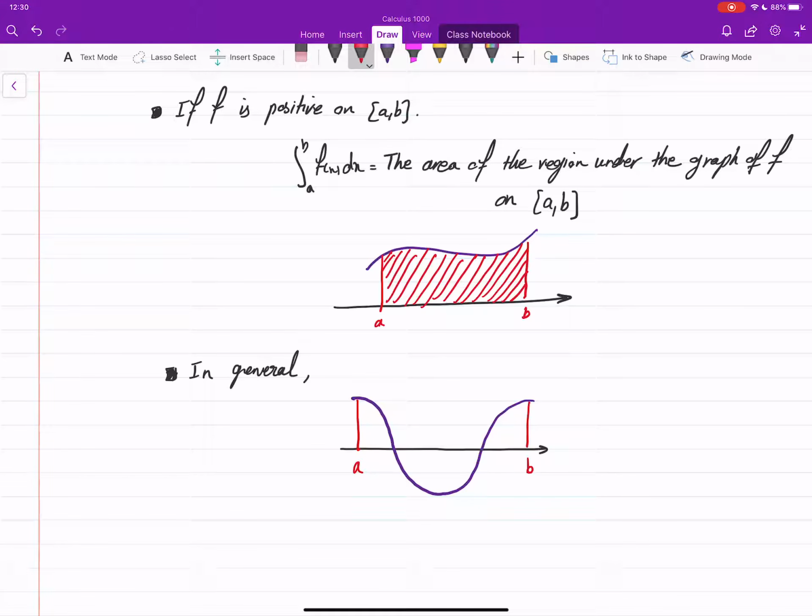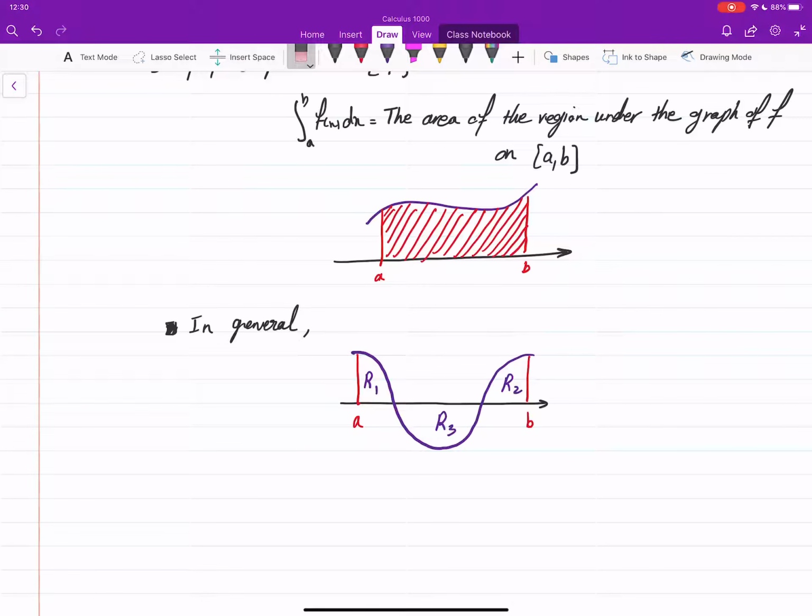In these cases, you separate the regions into two different groups. One group are the ones where the graph is above the x-axis. So this is R1 and R2, and the regions on which the function is below the x-axis.